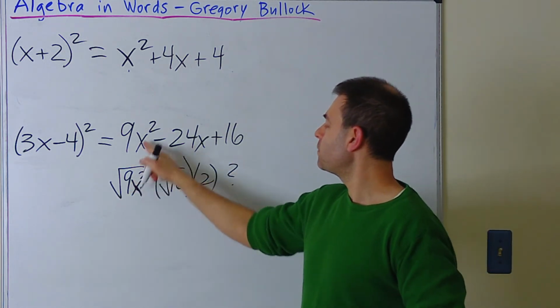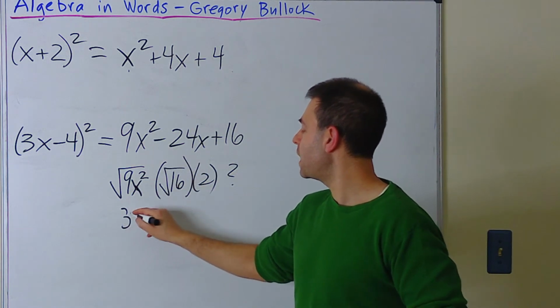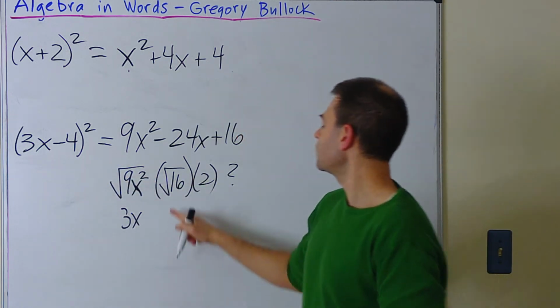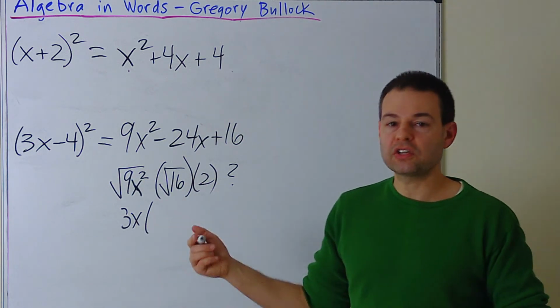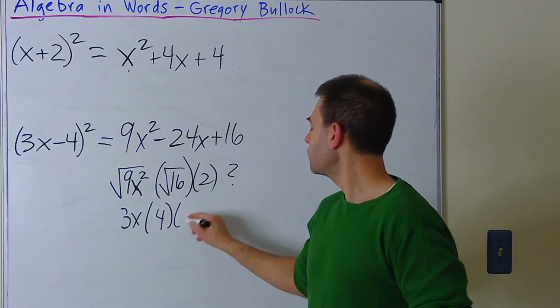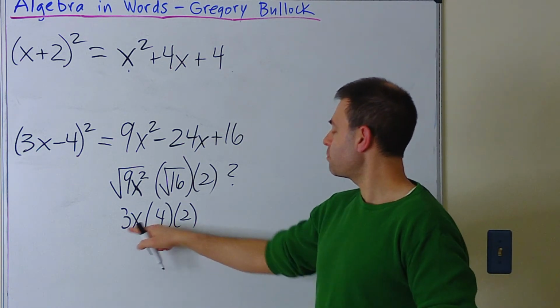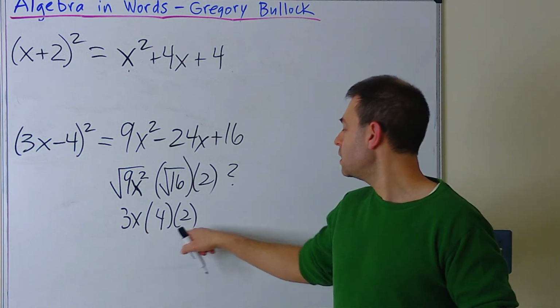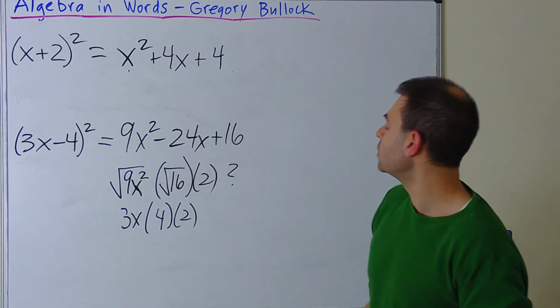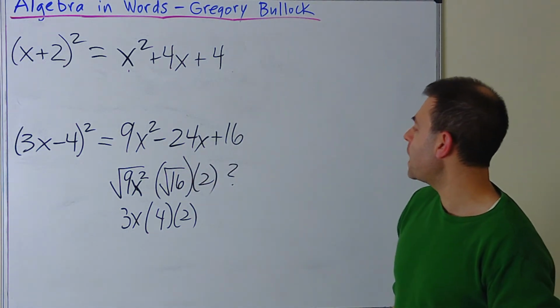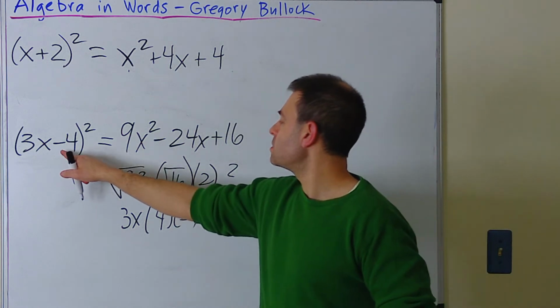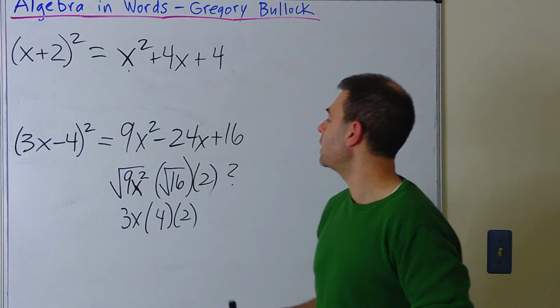Well, the square root of the first term, 9x squared, would be 3x. Notice that's what we had here. The square root of 16 is 4. So when we do 3x times 4 is 12x times 2 is negative 24. And if you're wondering where the minus comes from, that's because this was minus, so this will be minus.